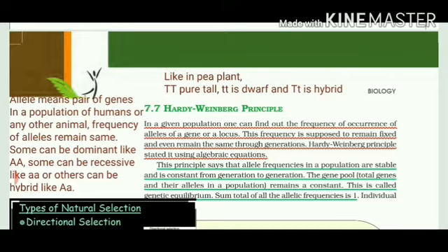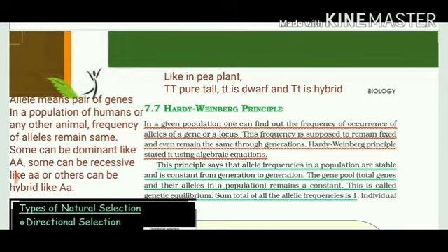When both are crossed with each other, the resulting F1 generation will always be hybrid, but it will show the tallness character because capital T is the dominant character over small t. So this principle states that the frequency of alleles will remain the same from one generation to another. Whether it is the first, second or third generation, the frequency will always remain the same.